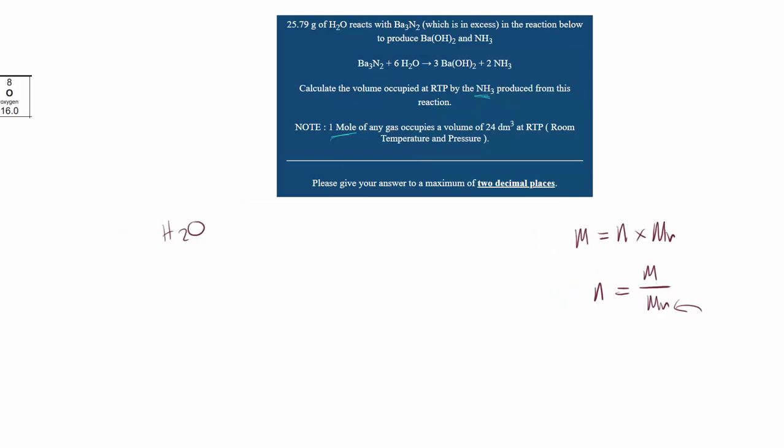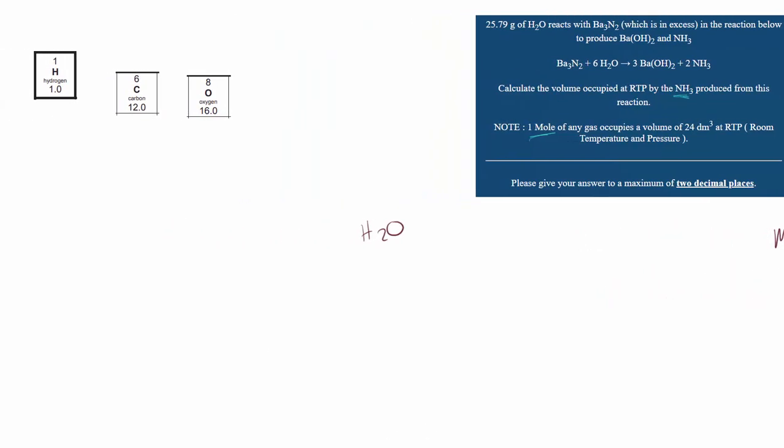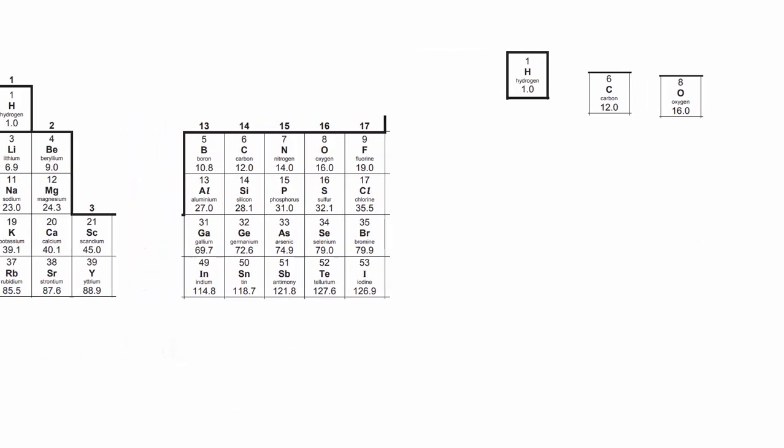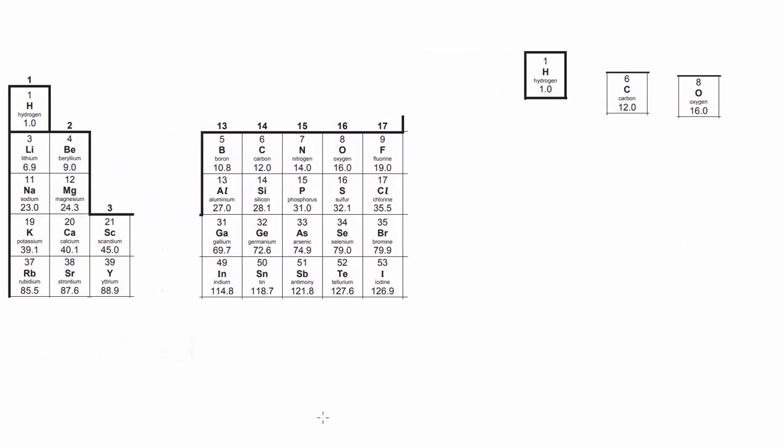Okay. So we have the mass, but we don't have the molar mass. In this case, we need the molar mass of the H2O. So if we refer to the periodic table, we should be able to work out the molar mass for H2O.